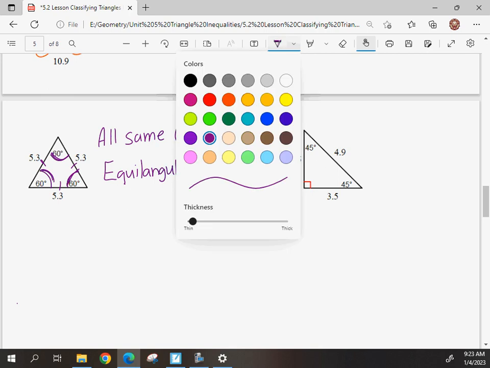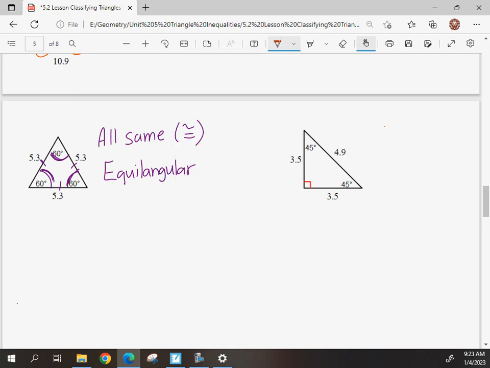And then we can have a triangle, again, that has two sides that are the same. And if two sides are the same, that means those angles that are across from those sides are also going to be the same. They're going to be congruent. Two angles that are the same, or two angles that are congruent. We don't have a special name for this.